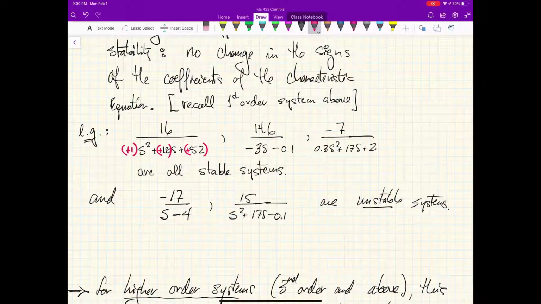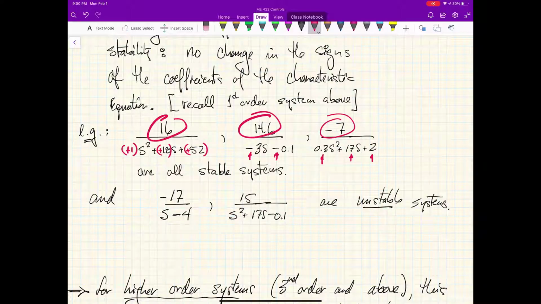If I have a first order system and the characteristic equation is minus 3s minus 0.1, I've got minus, minus, system stable. If I have a second order system and the first coefficient is plus 0.3, second is plus 17, plus 2, stable. Doesn't matter what's on the top, is what I'm getting at, okay? So those are all examples of stable systems.